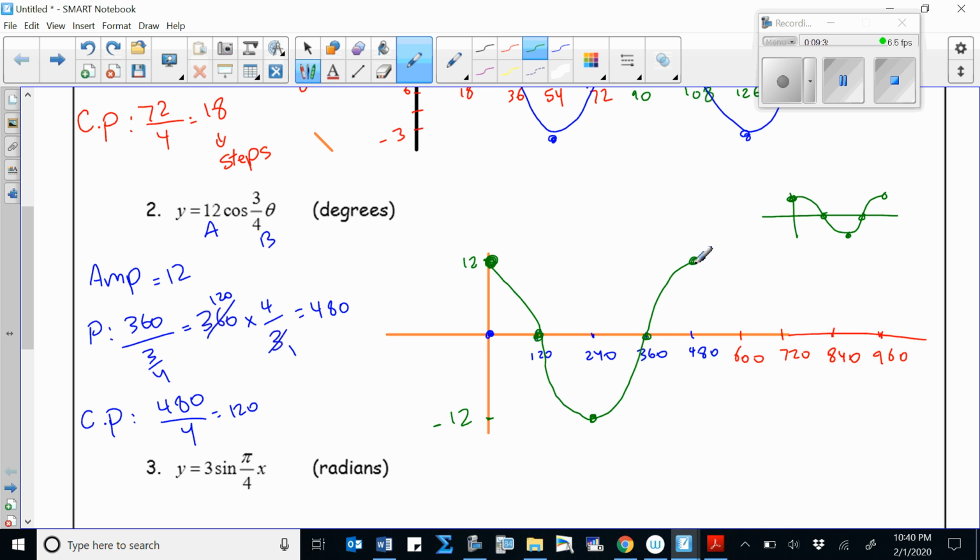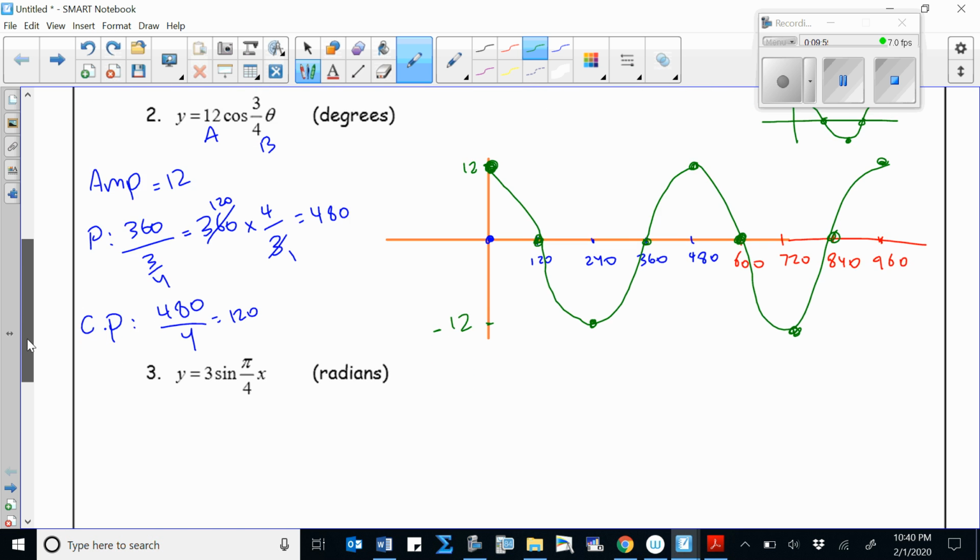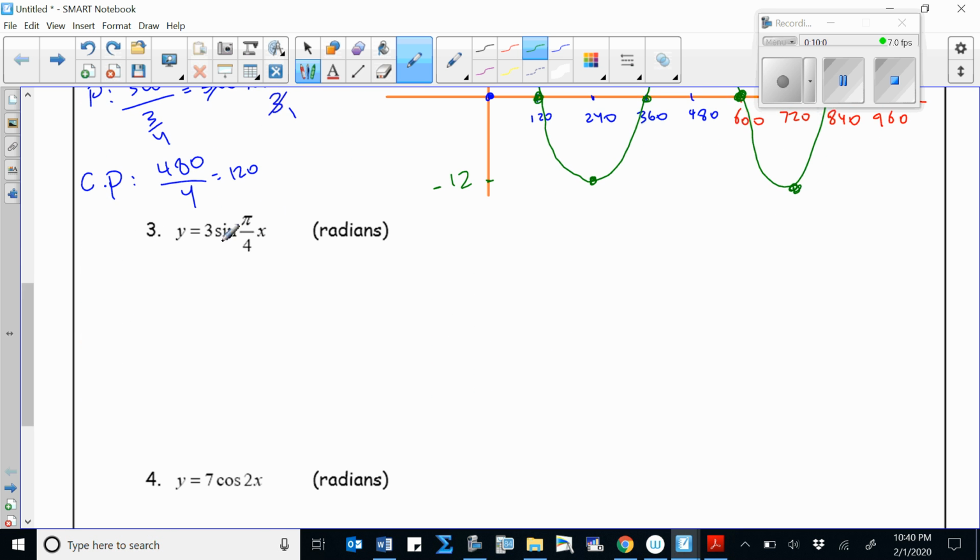Then for the second, again, we have the high point. After that will be a middle point, then low point, middle, and high. And this will be the second cycle of this function.